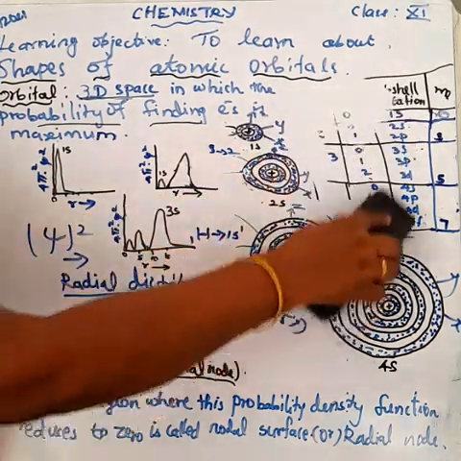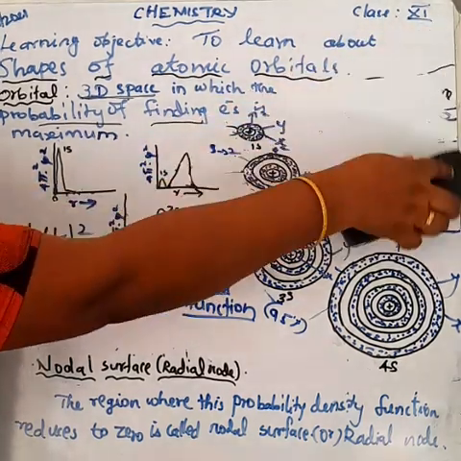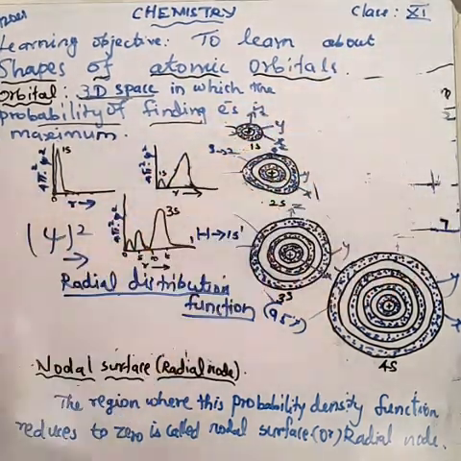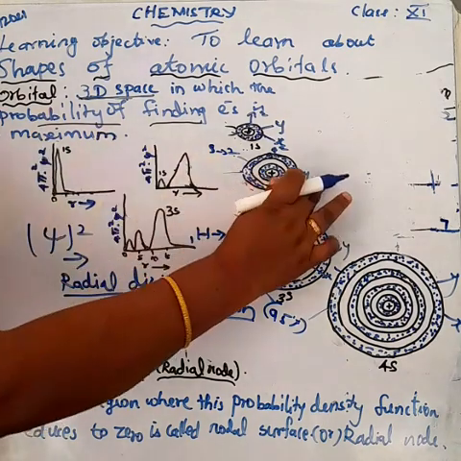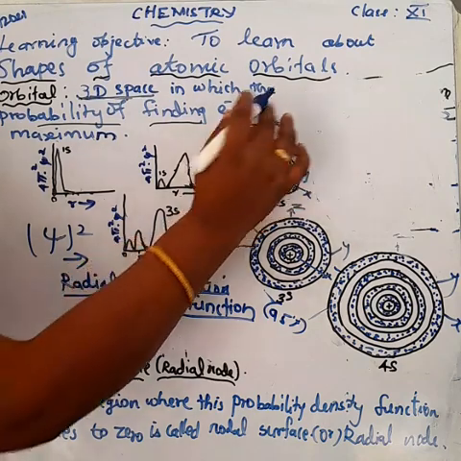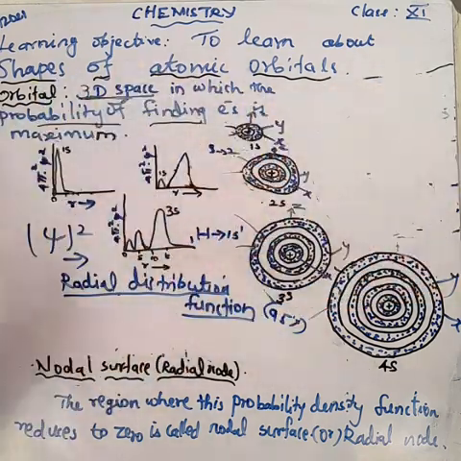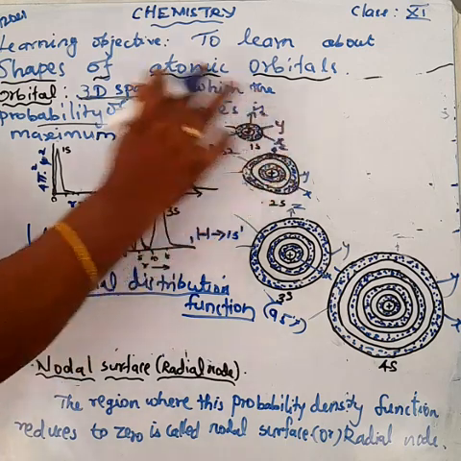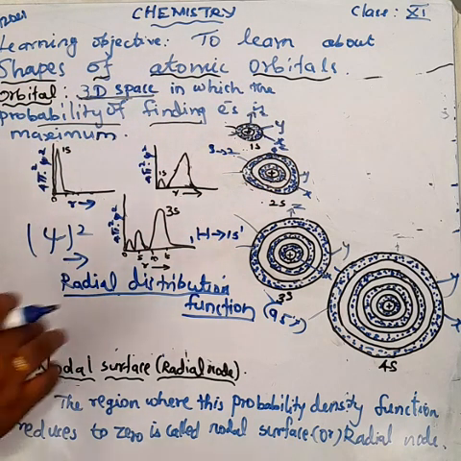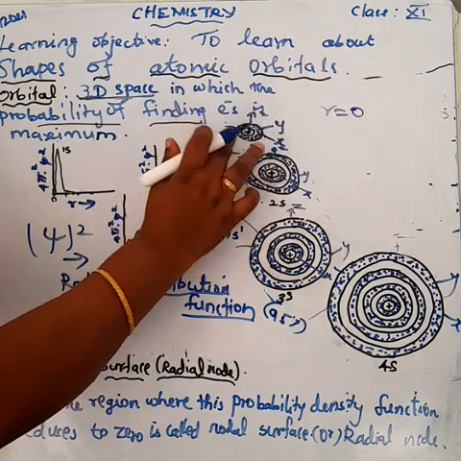Here R is equal to 0, which means very close. Within the nucleus, no electrons are present, but around the nucleus the electron cloud is maximum. So when R is equal to 0, the probability of finding an electron in a given spherical shell is maximum.